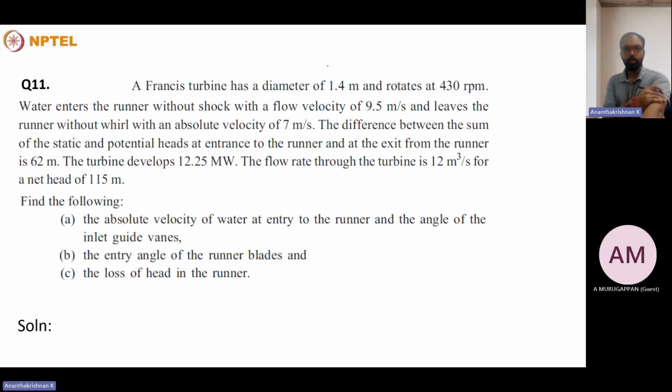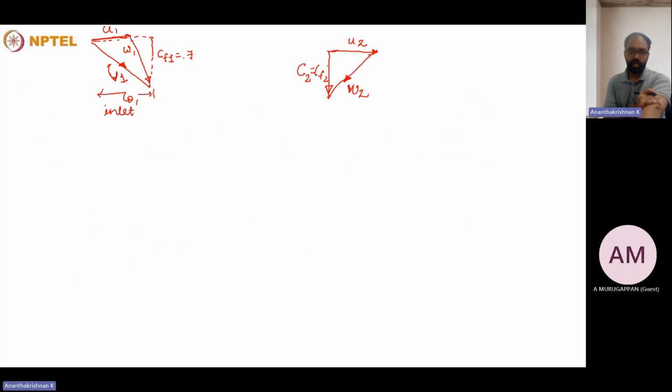So the first problem, we have to calculate the absolute velocity of water at the entry to the runner. In order to calculate the absolute velocity, we already know the flow velocity component, that is equal to 7 meters per second.